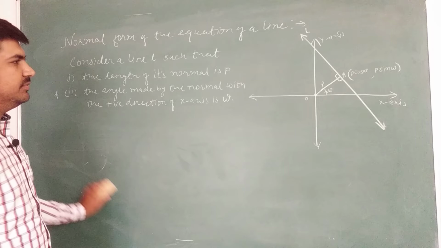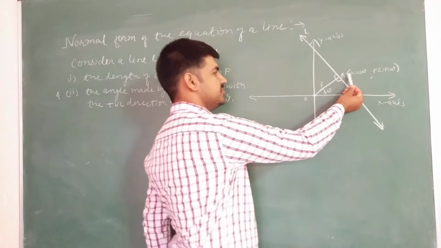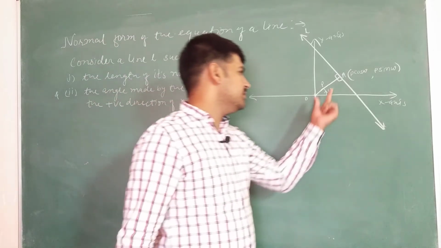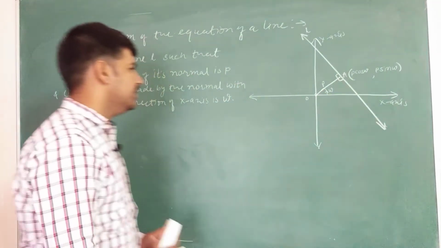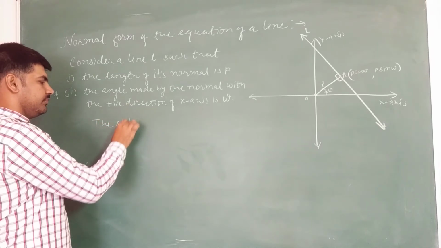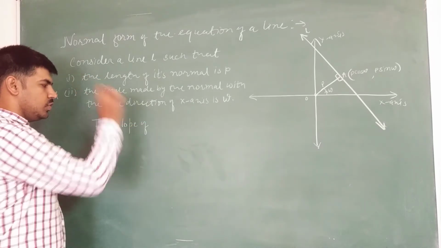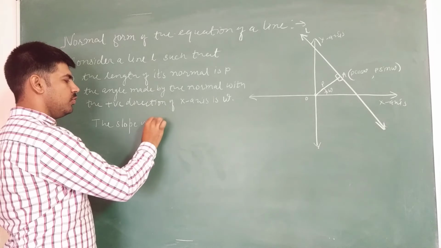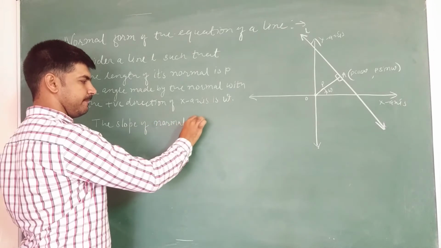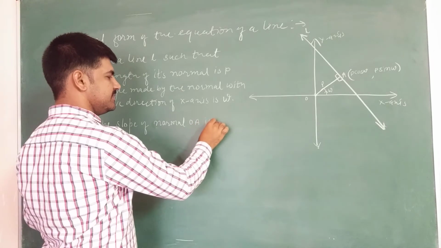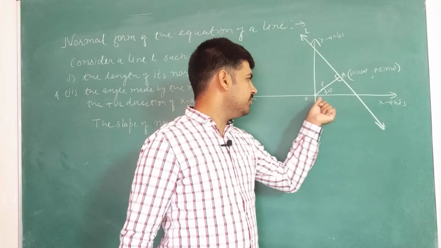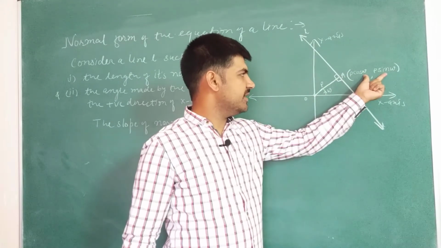Now, using these 2 points, we will get the slope of the normal to the line. You can write the slope of normal OA is, as there are 2 points on the normal, here 0, 0 and the second one is this one.